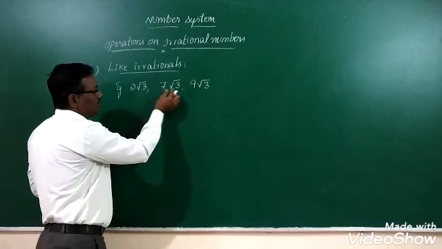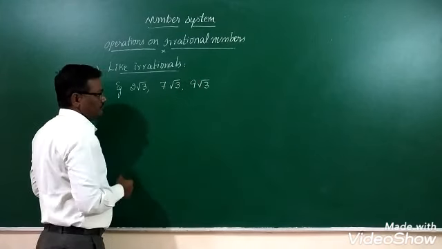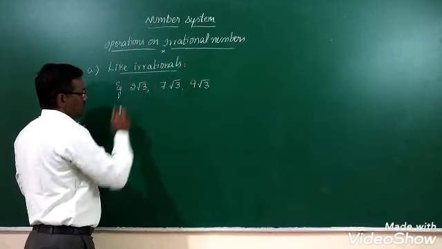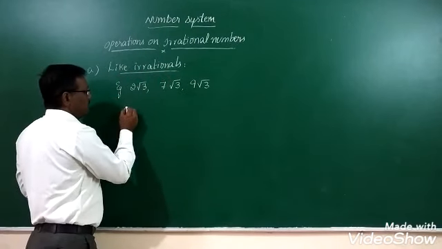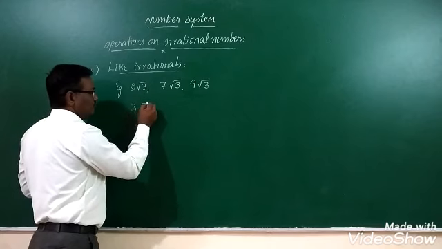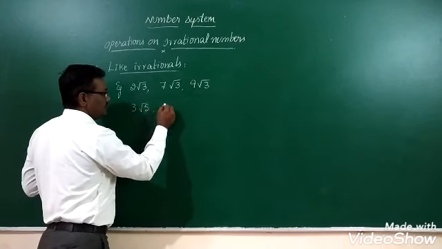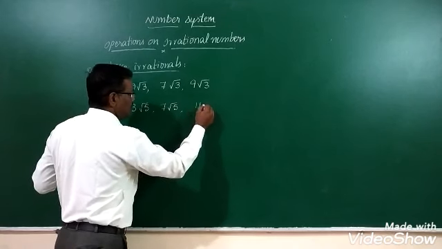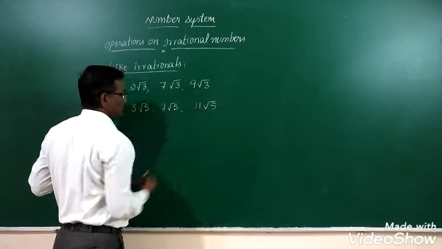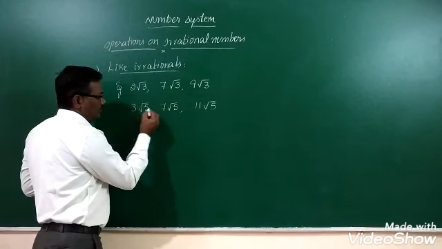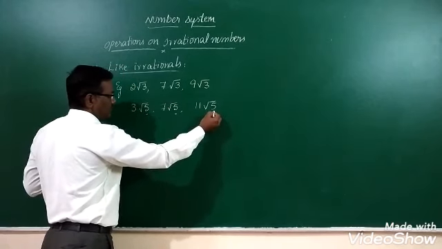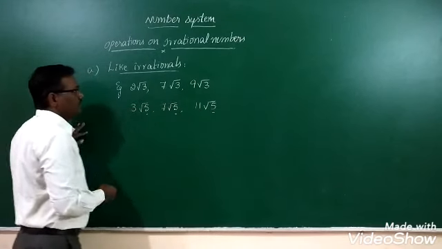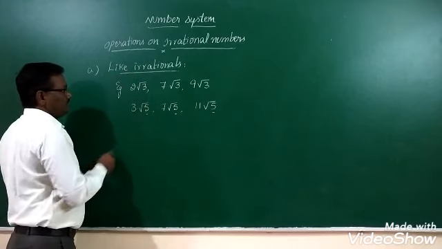Observe, all irrational factors are the same. That's why these are known as like irrationals. Another example: 3 root 5, 7 root 5, 11 root 5. Observe, all irrational factors are the same here. In these cases root 5, in these cases root 3. So these are like irrationals.